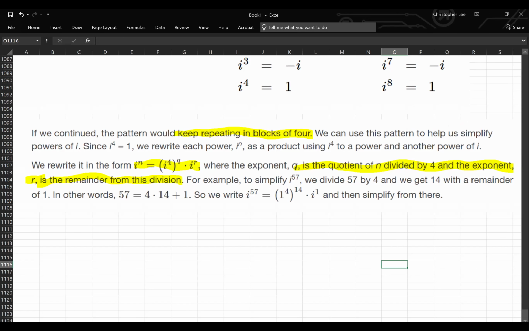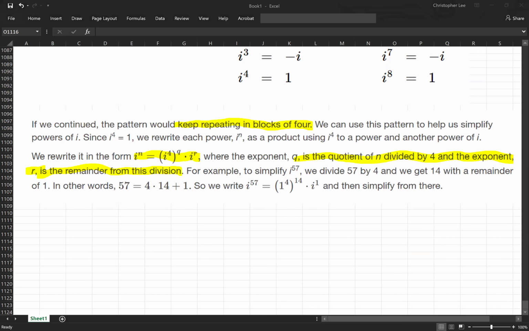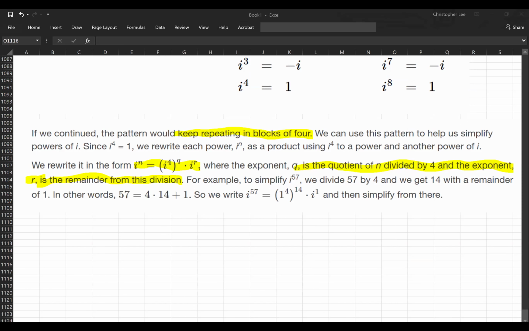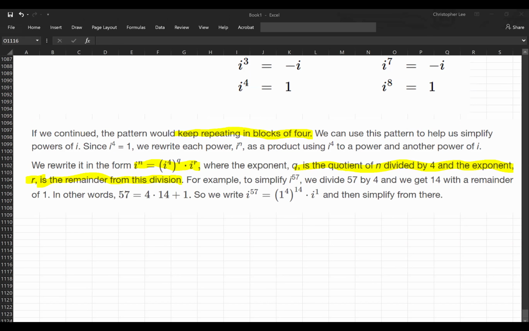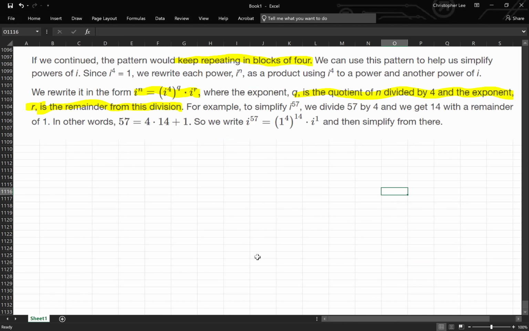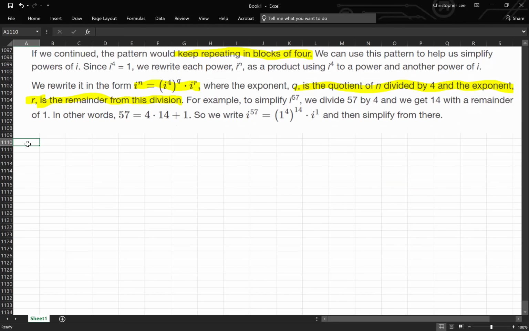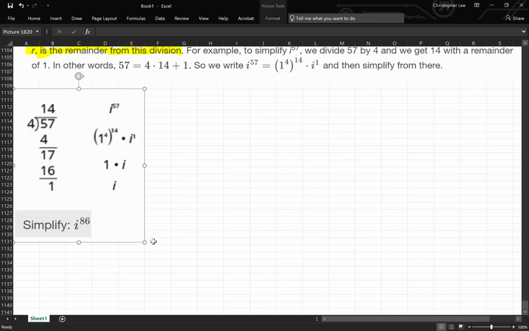So basically, I could give you any i to any power, and you can simplify it down to figure out what the final answer would be. You can use long division to do it. Here it is, right?